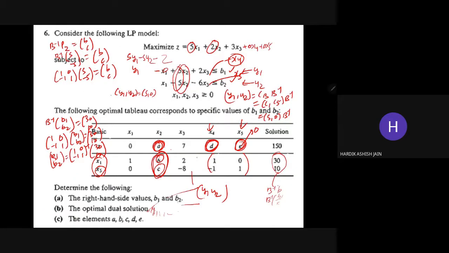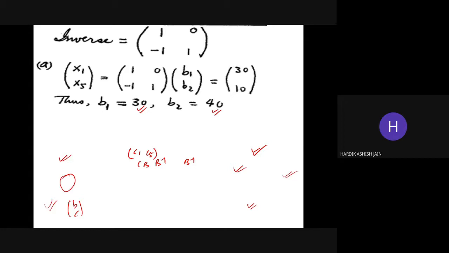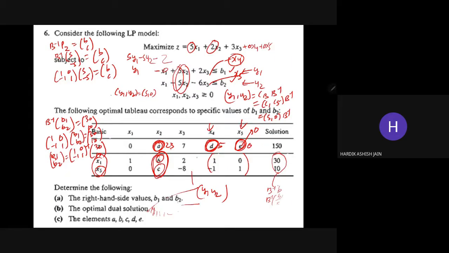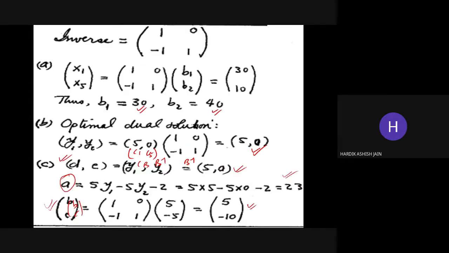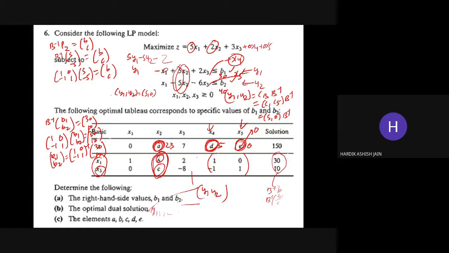It means this value will come 23, this value will come 5, this value will come 0. B1 B2 we have computed as 30, 40. So this value is 30, this value is 40. And BC is 5 and minus 10.